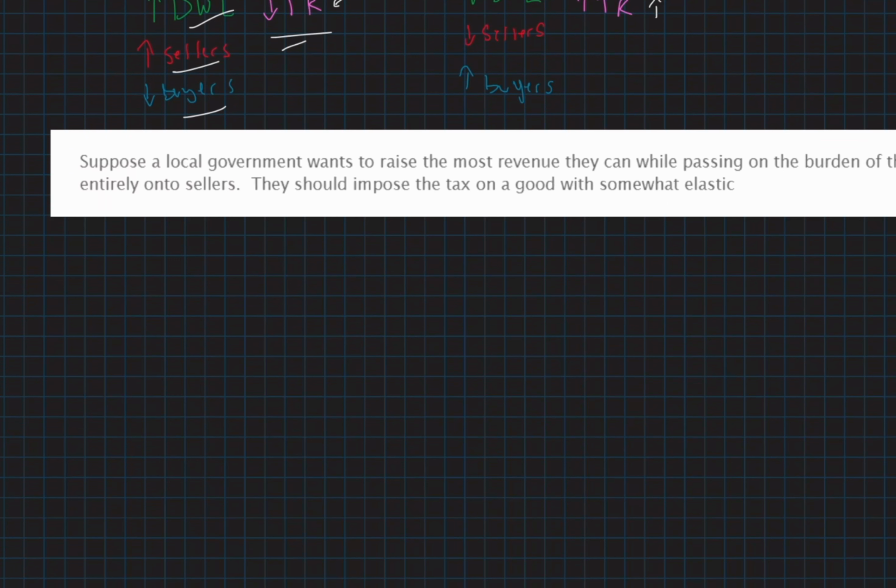Then it says, suppose a local government wants to raise the most revenue they can while passing on the burden of the tax entirely onto sellers. They should impose the tax on a good with somewhat elastic. So this one's the opposite.